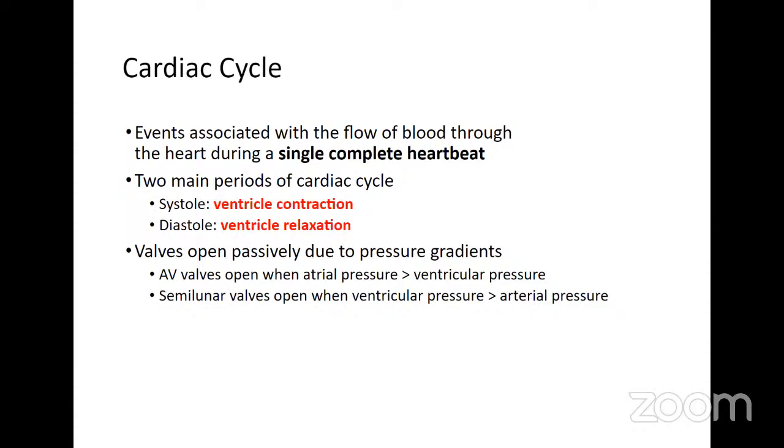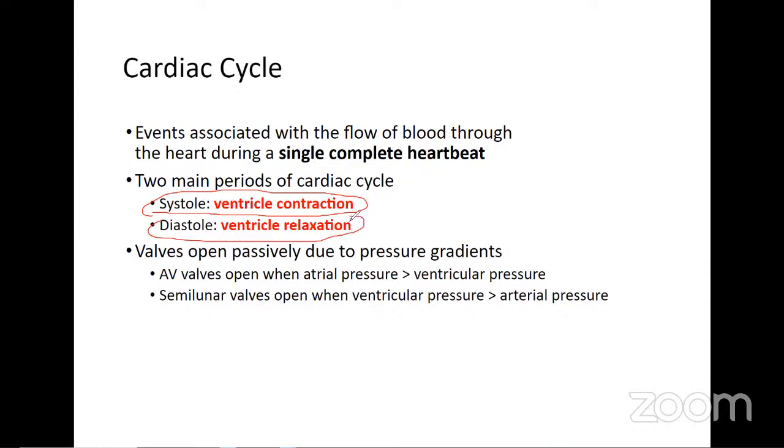We focus on the ventricles. I kind of think of the cardiac cycle as being almost from the perspective of the left ventricle. We'll think about the other chambers as well to explain what's going on. But I'm pointing out that we care about the ventricles because systole and diastole are defined specifically by whether the ventricles are contracting or the ventricles are relaxing, right?